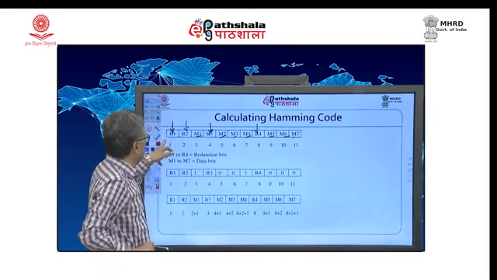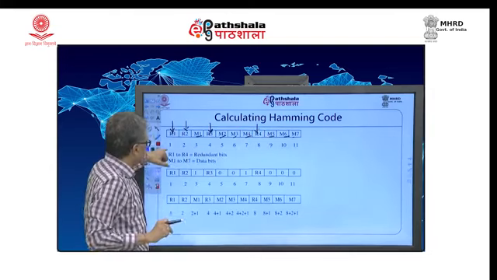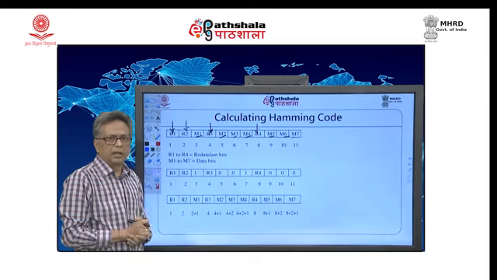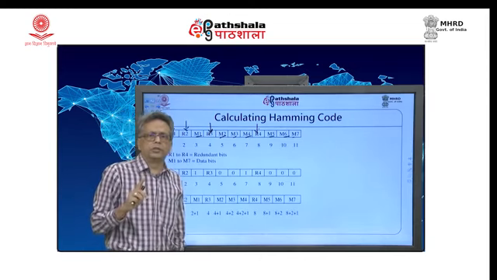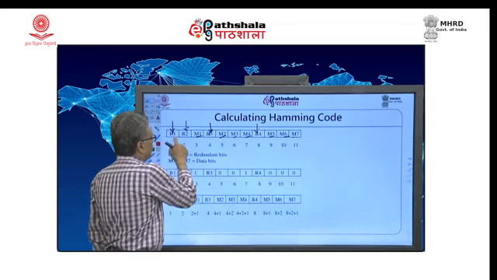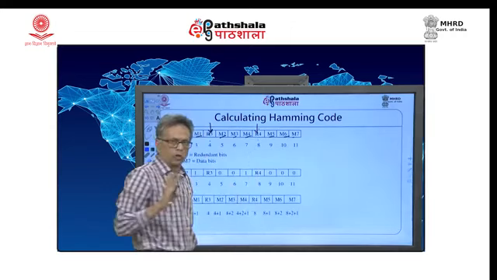Now, if you look from left to right and number as 1, 2, 3, 4, 5, 6 to 11, redundant bits are at the position of 2 raised to n. So, it is 2 raised to 0, 2 raised to 1, 2 raised to 2 and 2 raised to 3. We have 4 bits. Okay.